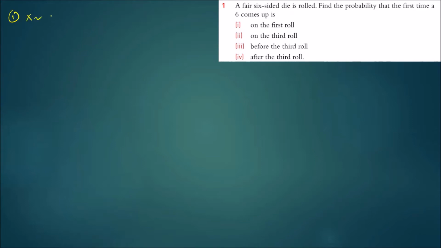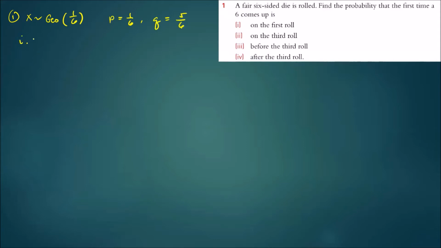So X is a geometric distribution where we have a six-sided die. The probability that a 6 will come up would be 1 by 6. So our P is 1 by 6, and our Q is 5 by 6.